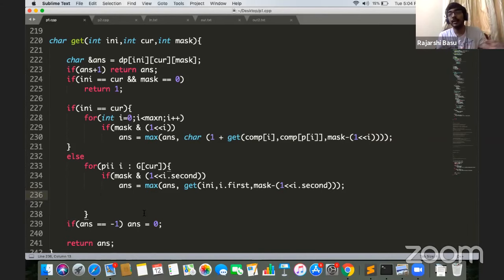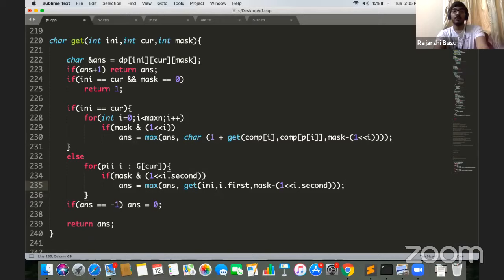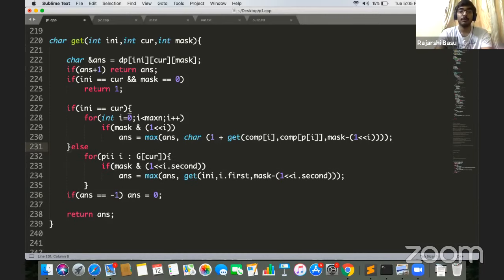Then if I add this edge, it's my current state. So I derive my answer like that. After that, it's a pretty standard bitmask DP. So this is the full solution for the problem.